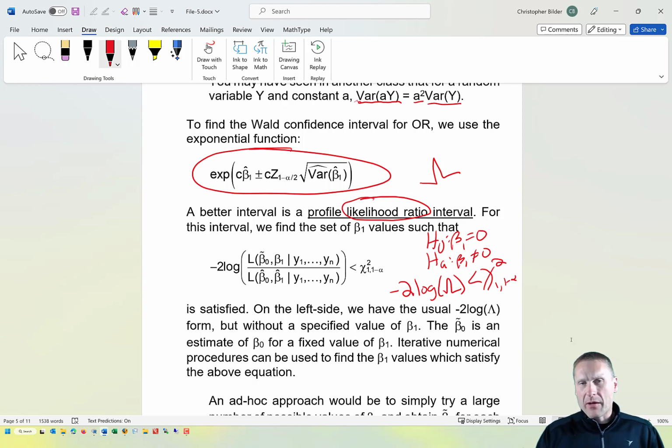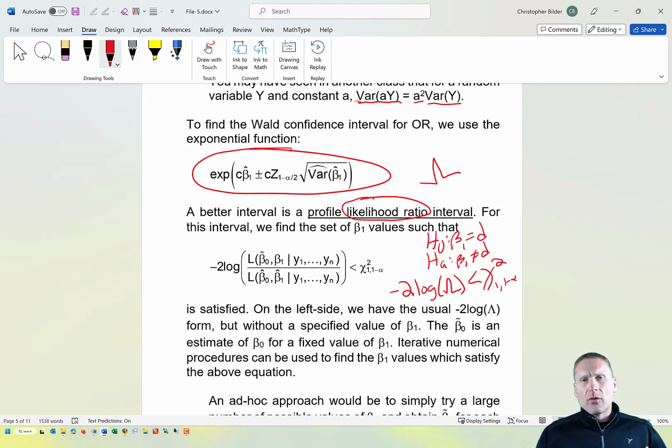So that would be my hypothesis test. And we've talked about inverting a test before, and we could do something very similar here to find a confidence interval. Suppose instead of testing whether beta 1 is equal to 0, I just put in general some number there, we'll call it D, and I have these hypotheses instead.